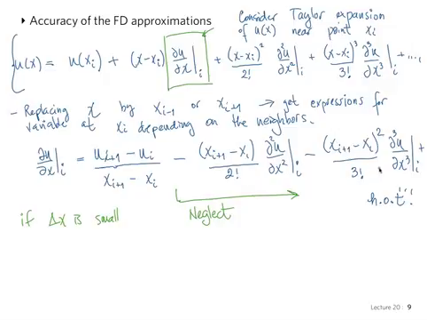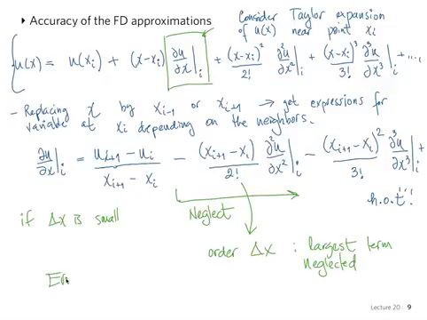So by neglecting all these terms, you see that the largest term that was neglected is of order delta x. We say this is of order delta x, and this is the largest term neglected, which means that the error that we make by neglecting all of these is, we write big O to represent the order, the error is order delta x.